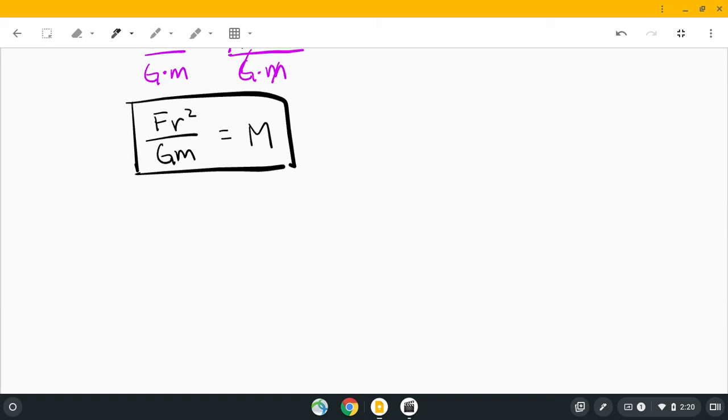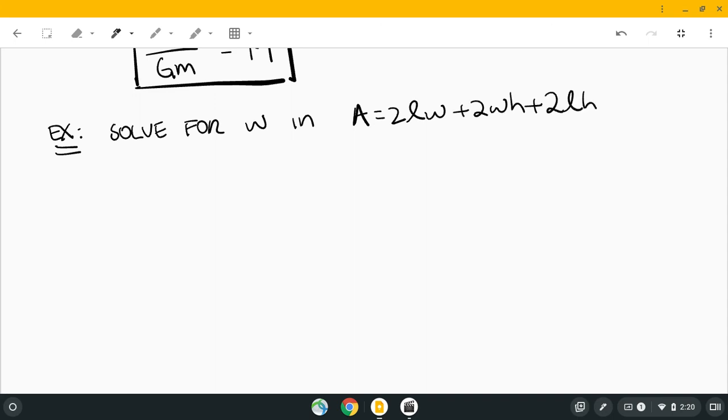Okay. All right, let's take a look at this last example. Let's solve for W in A equals 2LW plus 2WH plus 2LH.